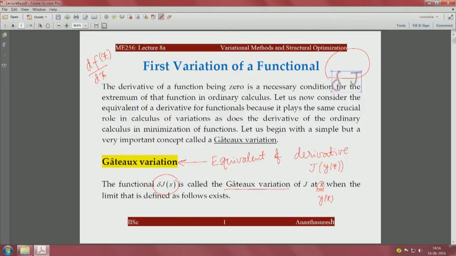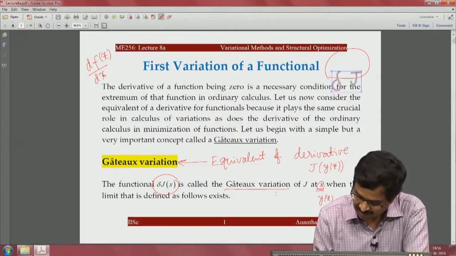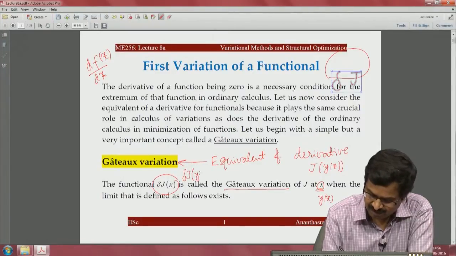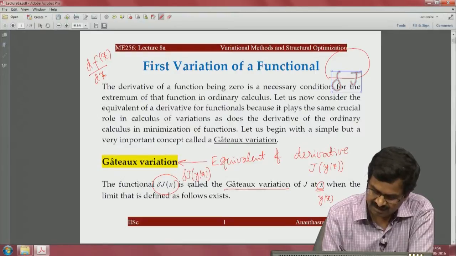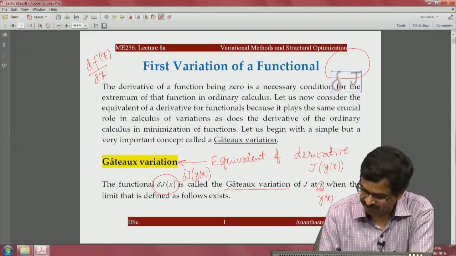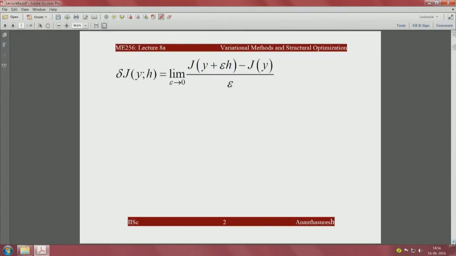In the notes, x is denoted as a function or a vector space that we talked about. Here, if I switch back to y of x, then delta j at y of x, the variation of j at a particular function y, is defined in terms of a limit that we will see next. Now, I have changed it back to y of x.